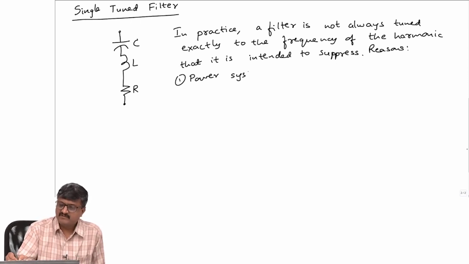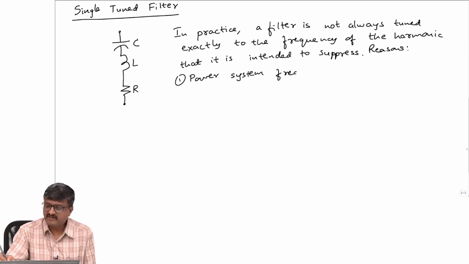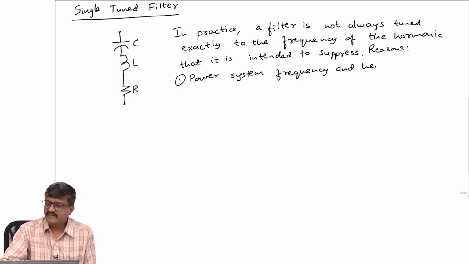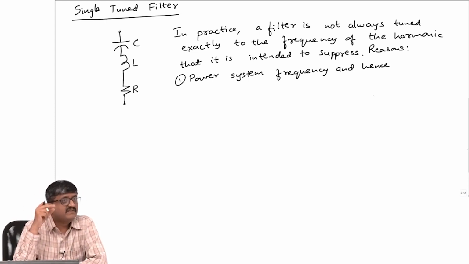Power system frequency, and hence, say I gave an example of just an 11th harmonic. We can also design a single tuned filter for the 13th harmonic. Then the 13th order harmonic frequency is 13 into 50 hertz, and the band will appropriately increase.